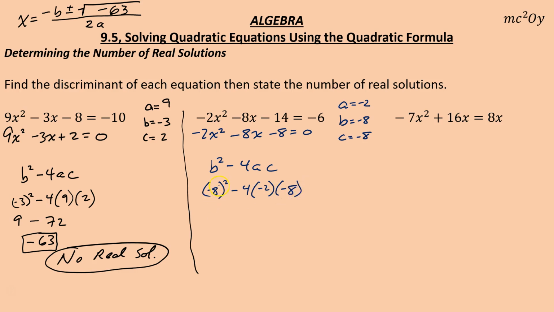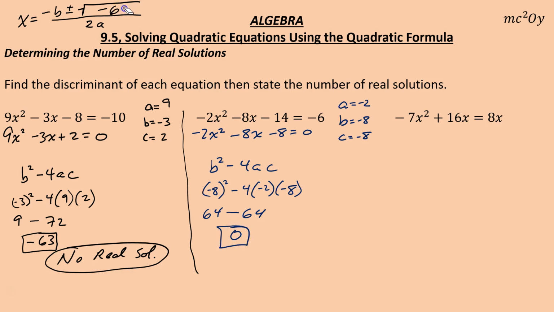Well, negative 8 squared is positive 64. Anytime you square a negative, you get a positive. And then negative 4, negative 2, and negative 8, negative times negative is a negative. 4 times 2 times 8 is 64. Well, 64 minus 64 is 0. That is the value of the discriminant.